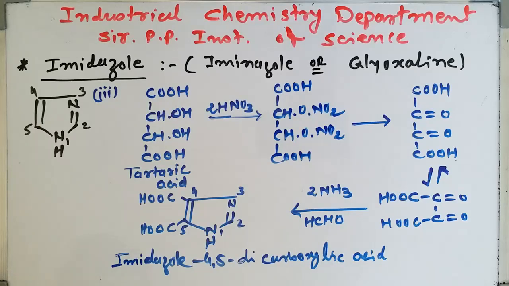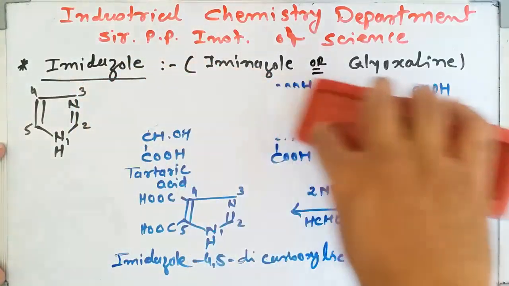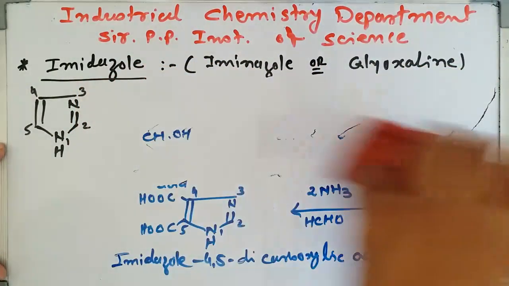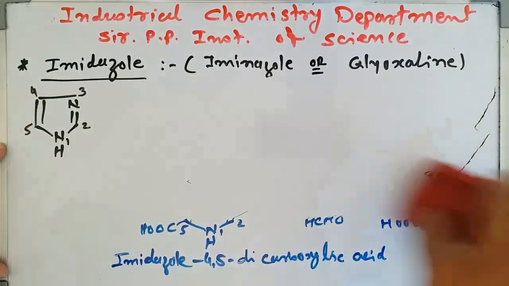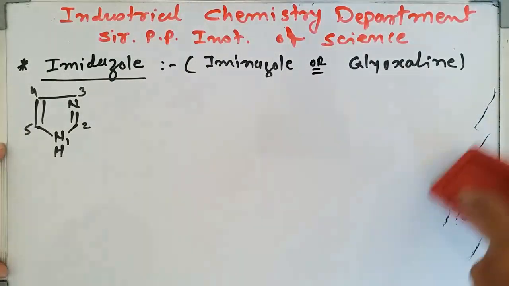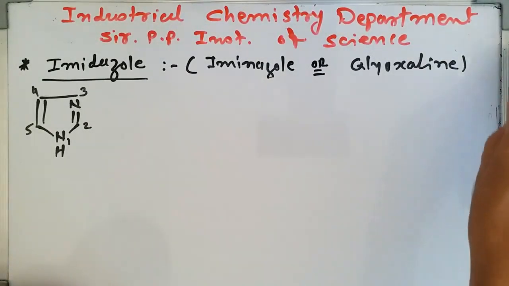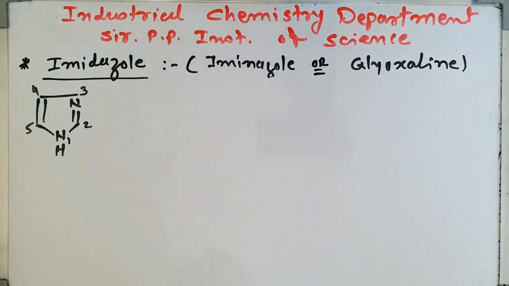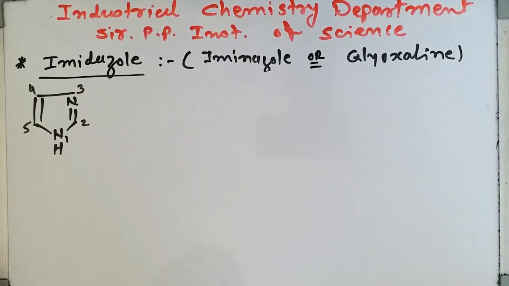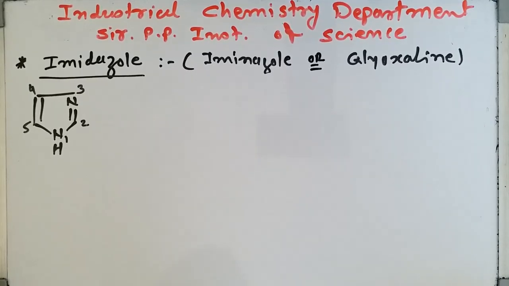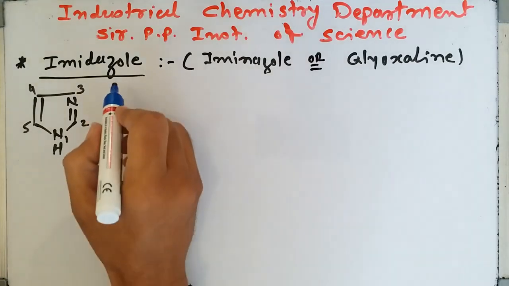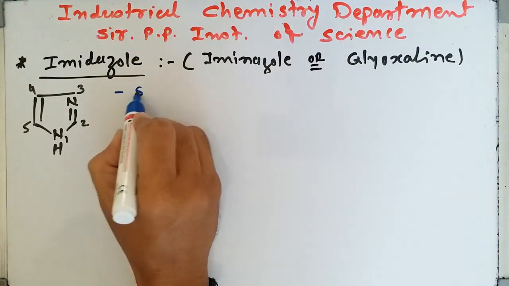Now we see the properties of imidazole. Imidazole is a 5-member ring, a simple heterocyclic compound containing 2 or more heteroatoms in its ring structure. Imidazole is a solid compound.